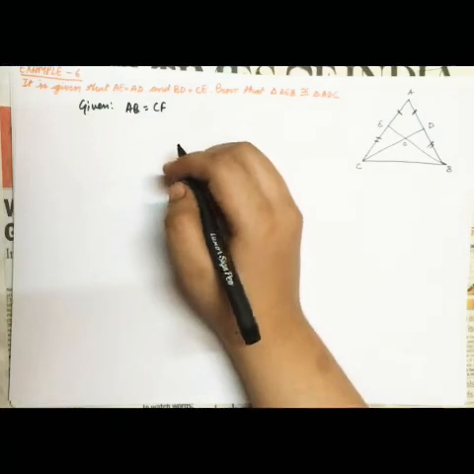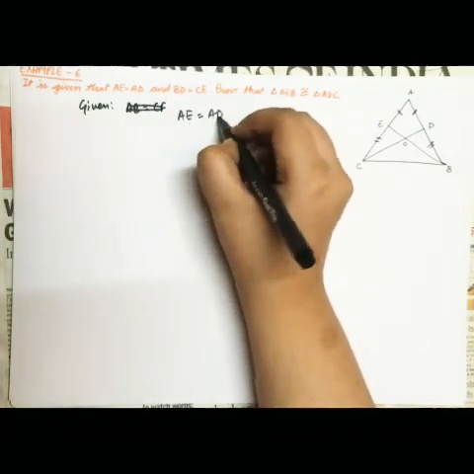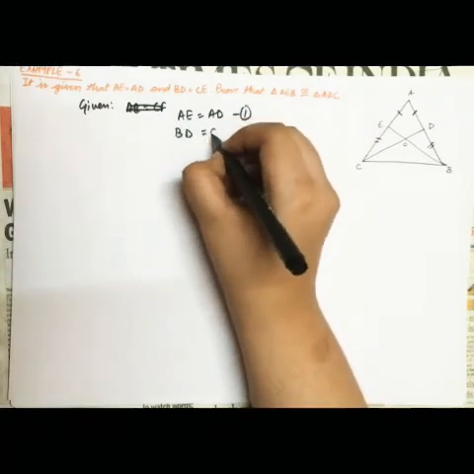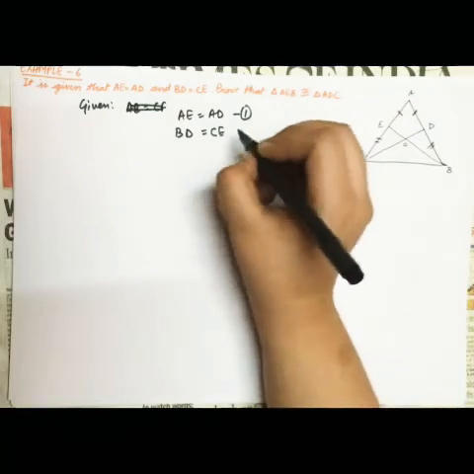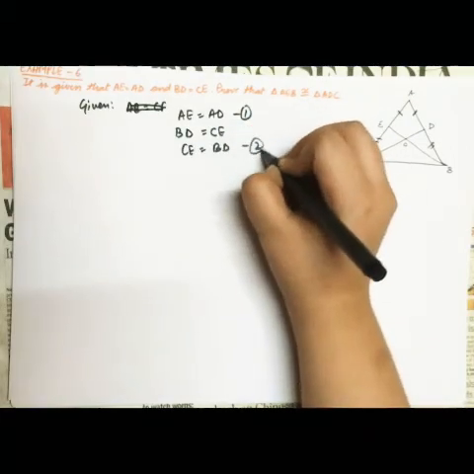So here it is given that AE is equal to AD. We will mark this as 1 and BD is equal to CE, or CE is equal to BD. We will mark this as 2.